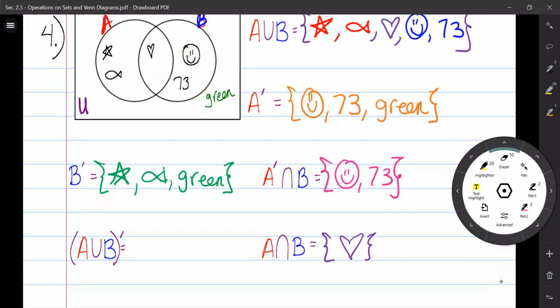And then the complement of the union. So the union is everything in the circles. So everything not in the circles is green.